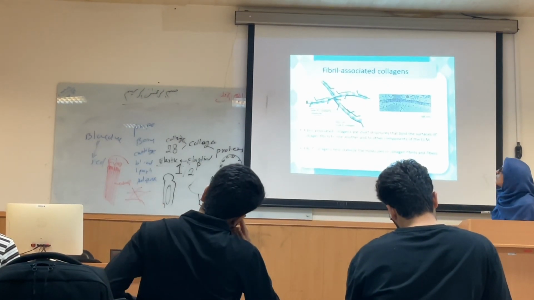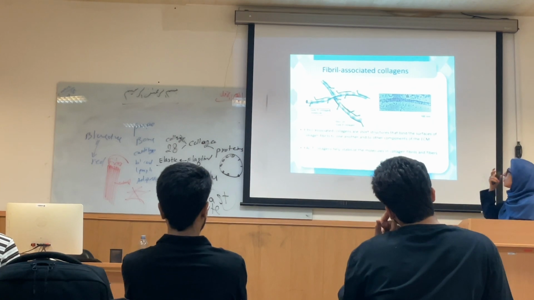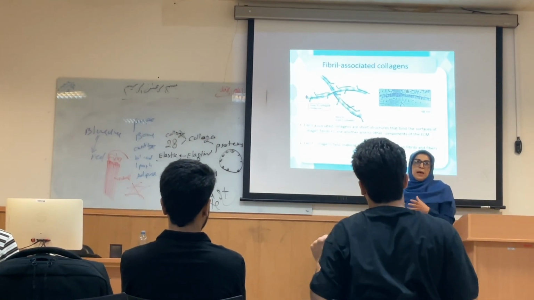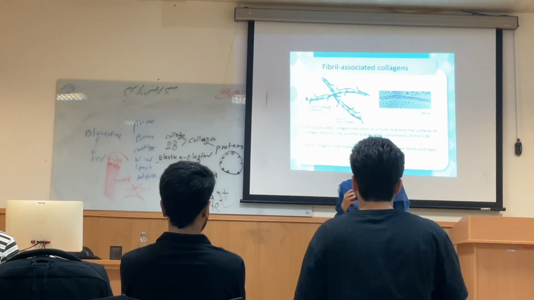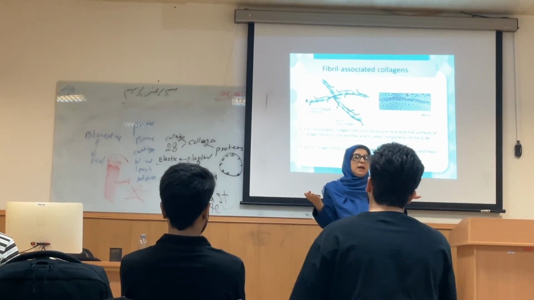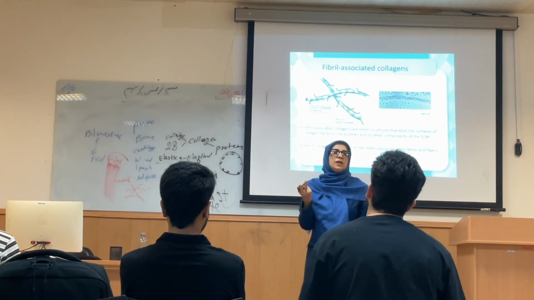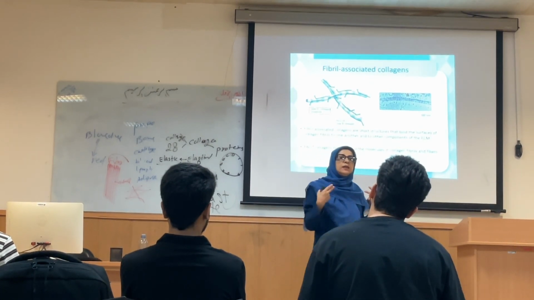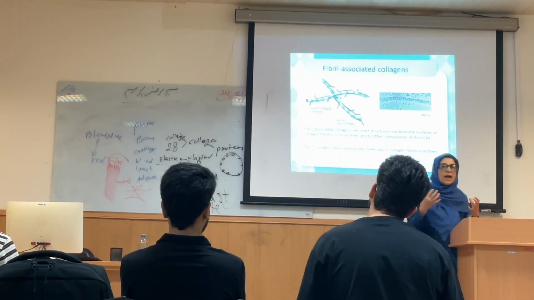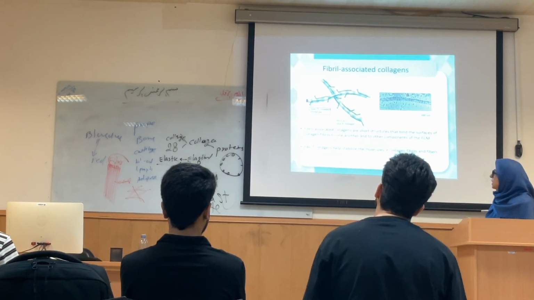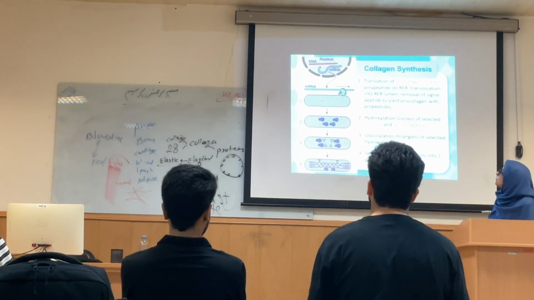Fibril associated collagens are structural proteins. They help other collagens to be synthesized and maintain their structures. We can see this type of collagen in cartilage, types 9 and 11, which form and maintain collagen type 2 in cartilage.